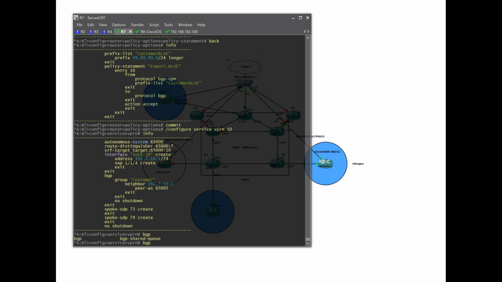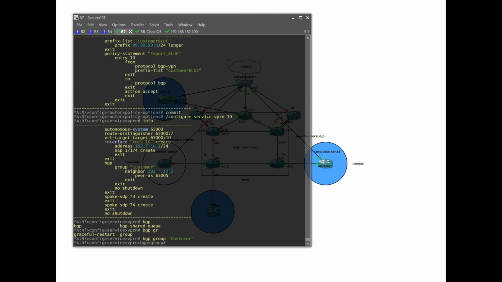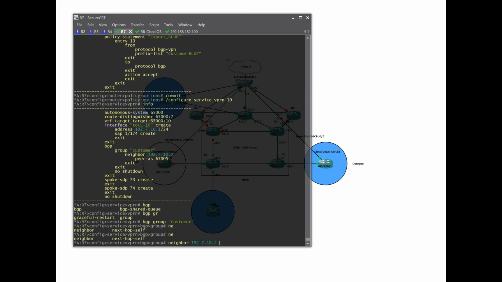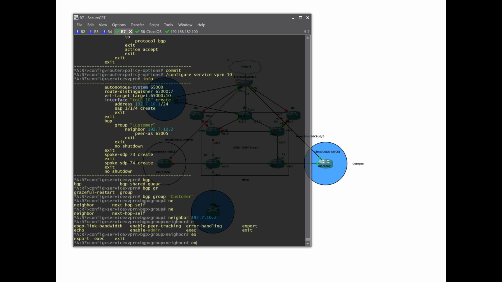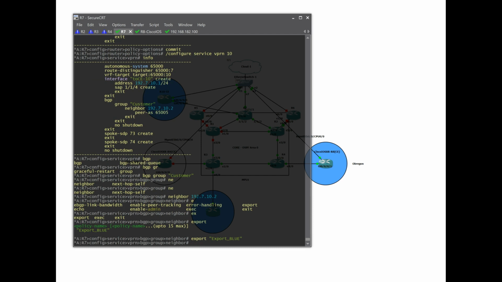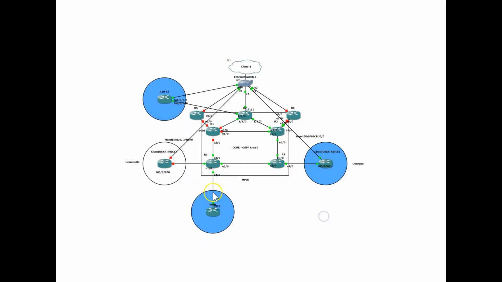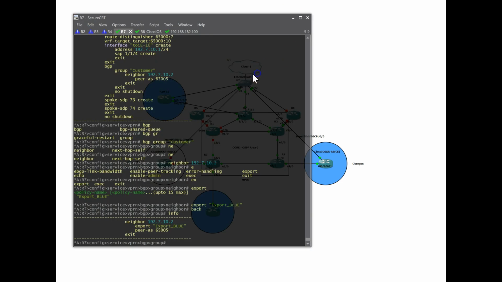BGP customer. Go to our neighbor and we'll export these routes. Okay, so we're exporting the routes being learned from our other device here through MP-BGP down to router 7 to our BGP neighbor router 10.